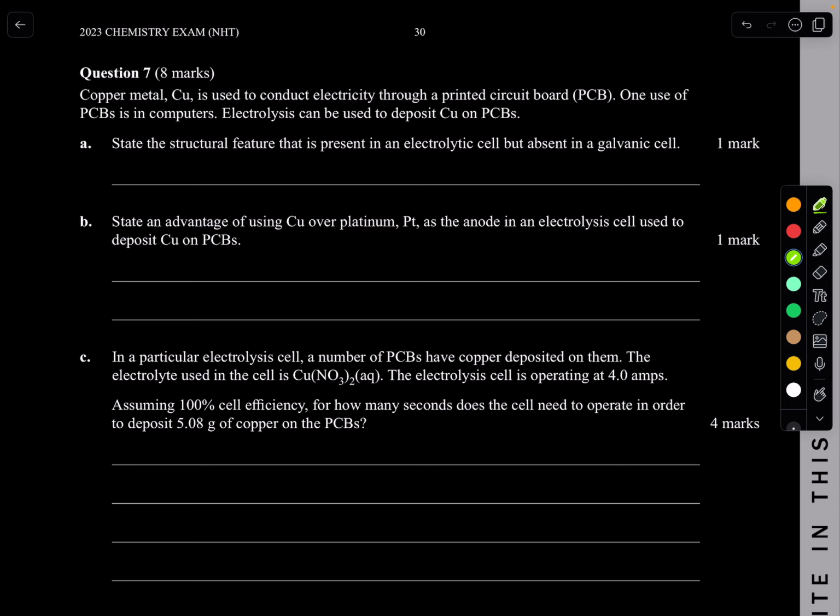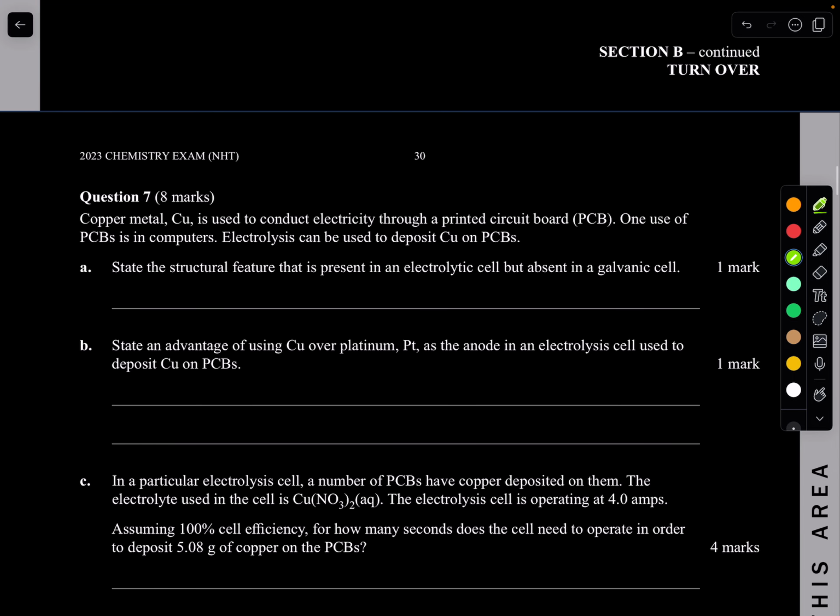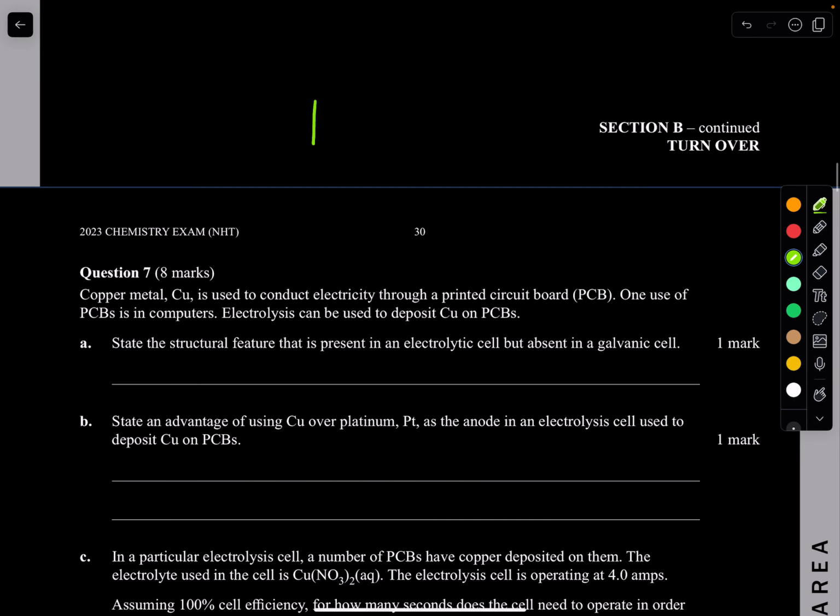And why is that? It's because in an electrolytic cell, you don't require two containers. In a galvanic cell, those two reactants react spontaneously, which we don't want them to do like that. In an electrolytic cell, because they are non-spontaneous, we can put them in the same vessel.